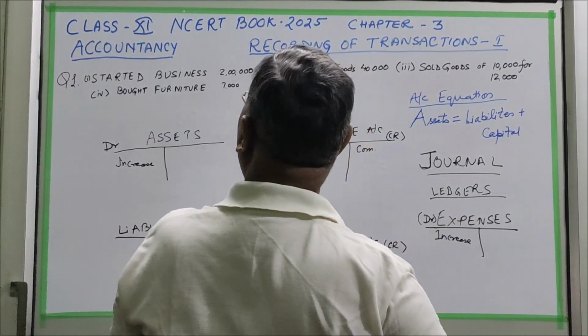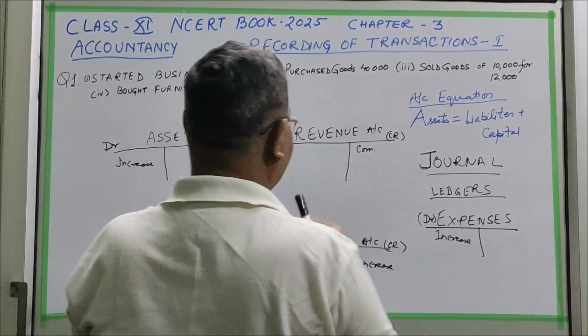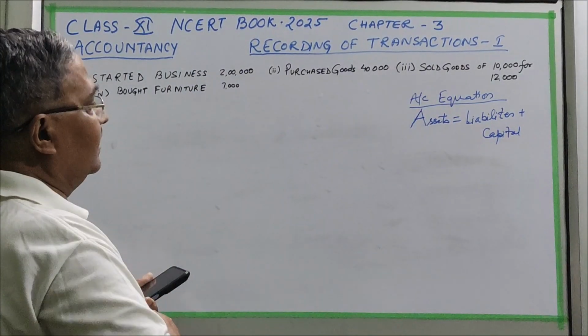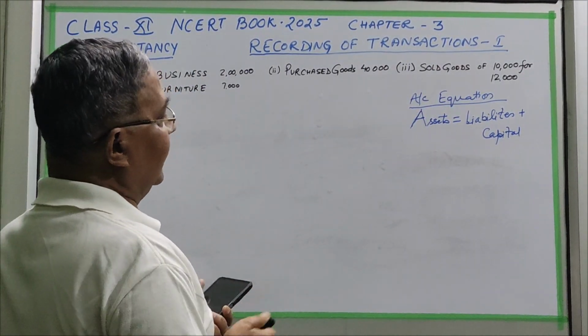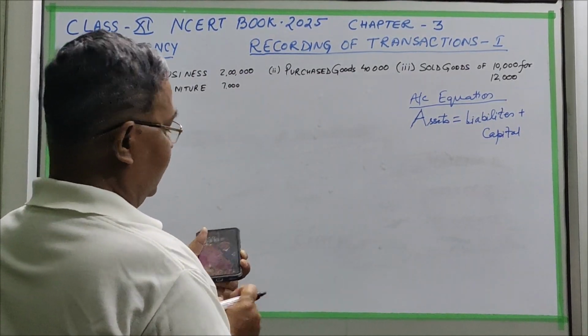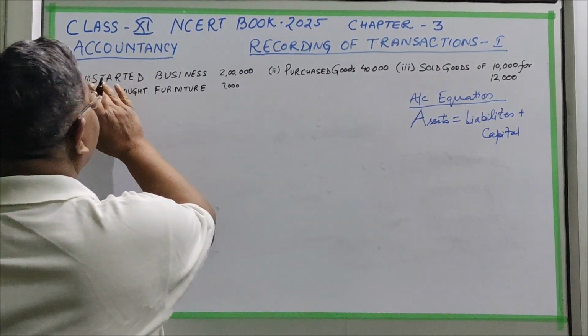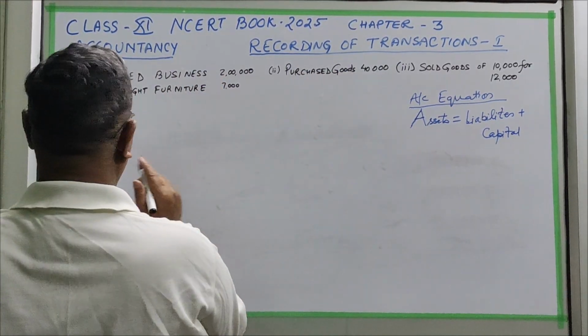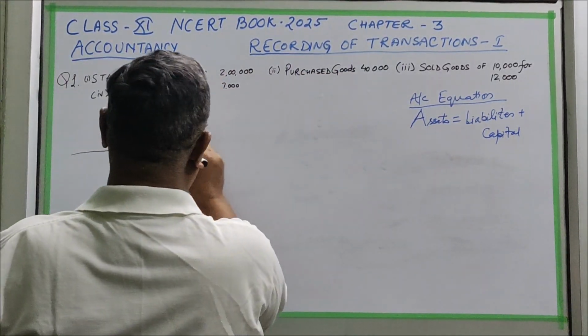Now coming again to our question number 1. Now we are coming to this equation. So the question is how we will show this in the equation. So, started business. For this purpose, I will draw a line like this.